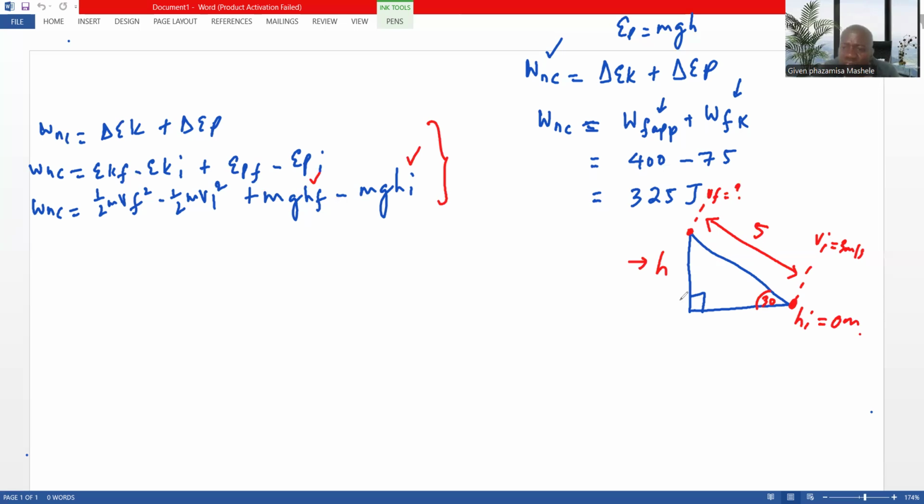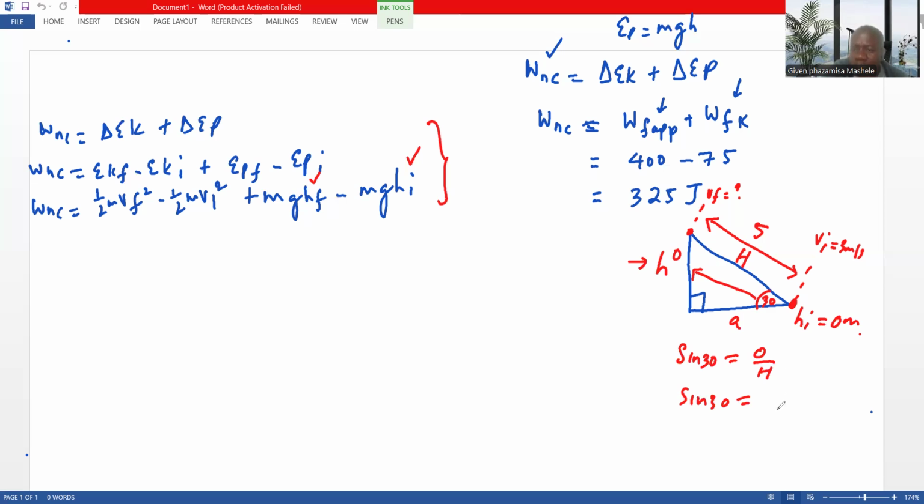We can get this height because this is a right-angle triangle, by using SOH CAH TOA. We look at the angle: this is the opposite, this is the hypotenuse, the longest side, and this is the adjacent. We have to calculate the opposite, which is the height, given the hypotenuse. So we use sine: sine of 30 is opposite over hypotenuse.